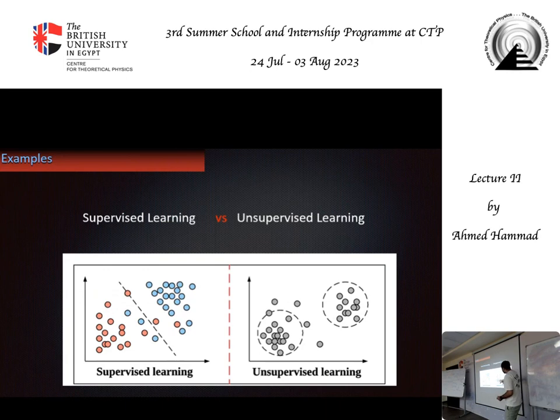If the test point lies over here, the model will say this most likely belongs to the first class, and if it lies over here, it most likely belongs to the second class. Now the question is, what about those points? What is the model going to say in this case?